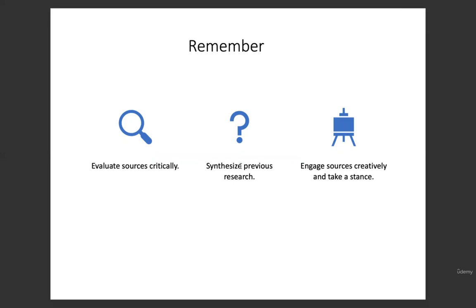If you don't synthesize previous research, most probably you will just give a list of references. No synthesis, but you just write in one paragraph one study, in the second paragraph another study, in the third paragraph another study. And actually, these go hand in hand. If you don't engage sources creatively and take a stance, you just provide a list of the previous work, but not the place that you stand.